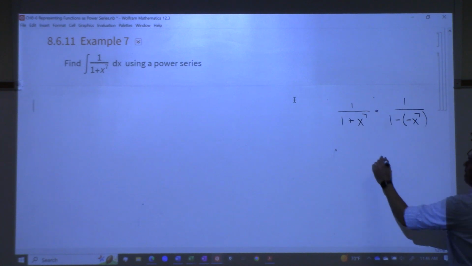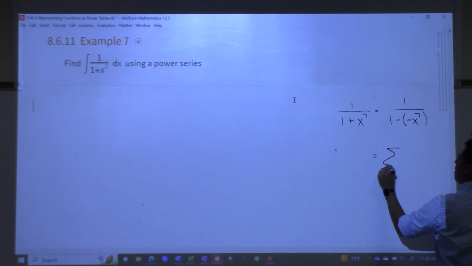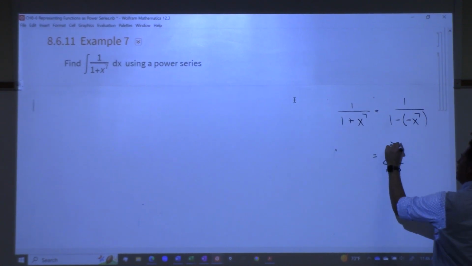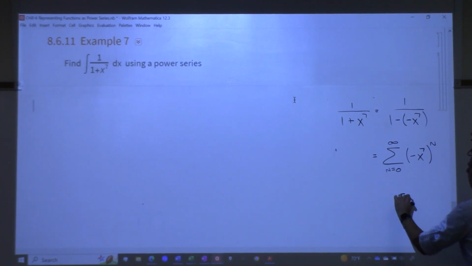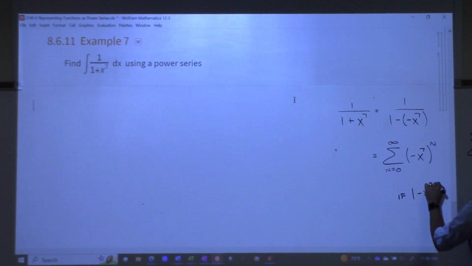Then that will be equal to the sum n equals 0 to infinity of negative x to the 7th to the n, so long as the absolute value of negative x to the 7th is less than 1, which really gives us a pretty narrow restriction on when this is valid. But at least I've got something, right? I can go to a series.